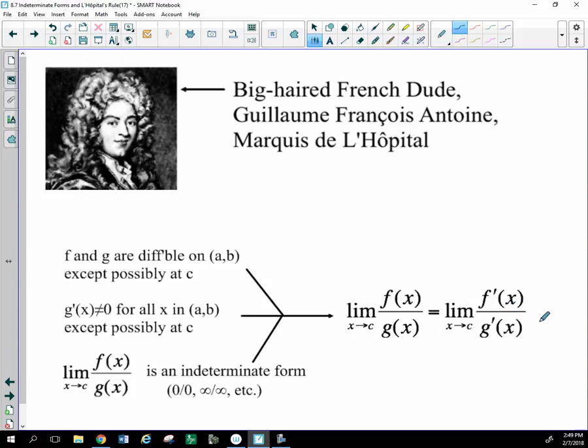Where these go will be the limit of the original functions. Right? The only thing we really have to be careful of is g of x. We don't want g prime of x to become 0. We want it to become some kind of value.